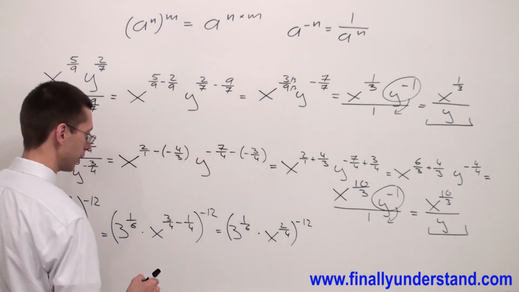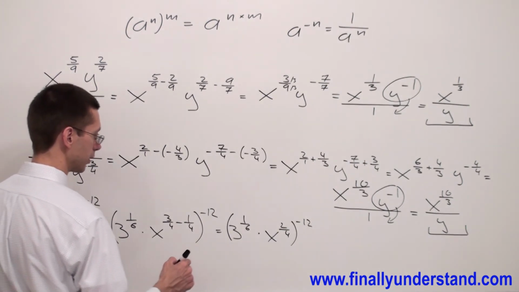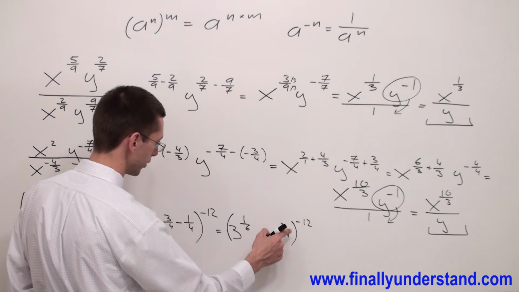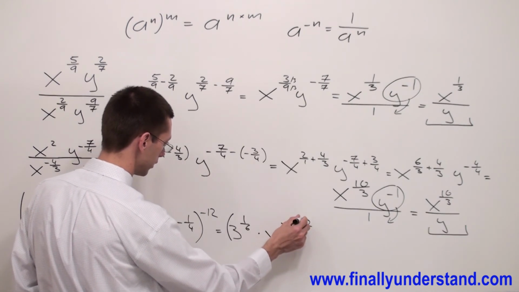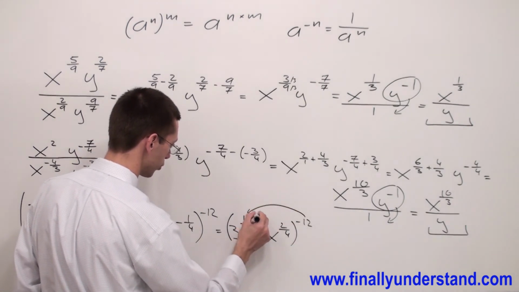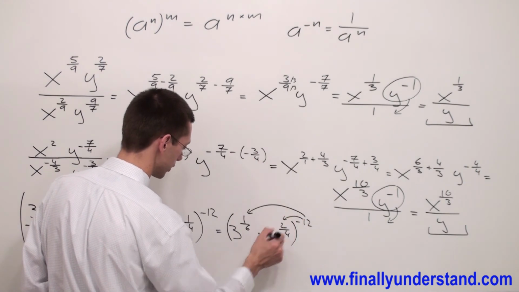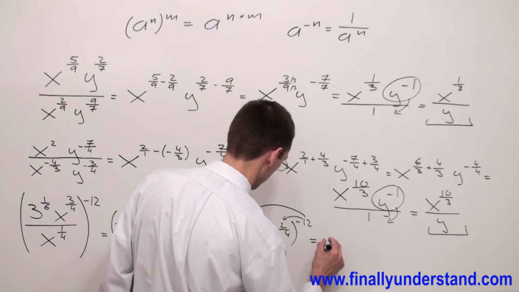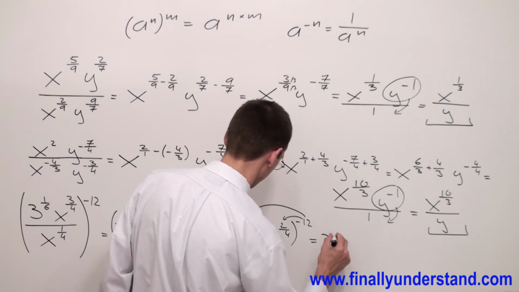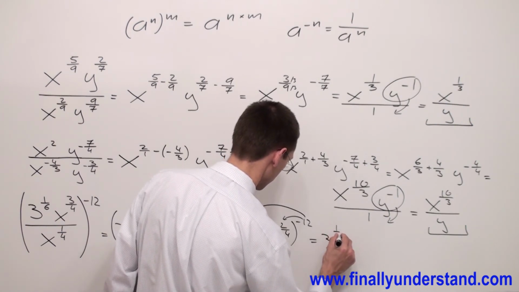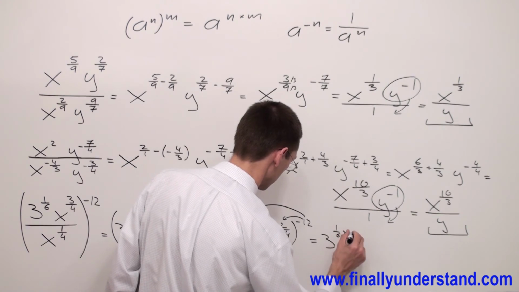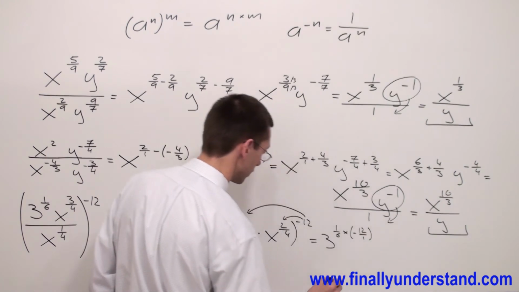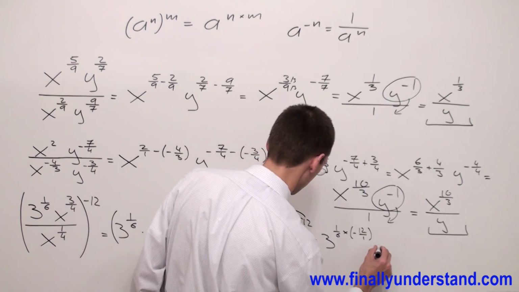Next, I can reduce this fraction, or I can simply multiply the external exponent by every single internal exponent. So take a look at what I'm going to have. I have 3, 1/6 times negative 12/1, and I have x.